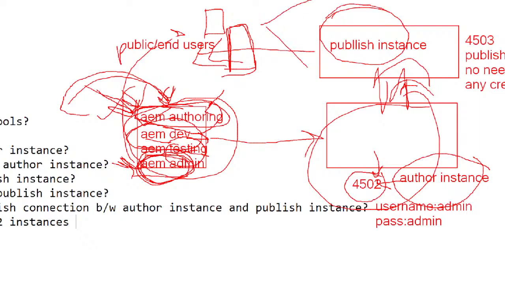For example, this publish instance can handle only 5,000 requests at a time. What happens if the requests go above 5,000? For example, take the 10th class results. At the results time, all the state people are trying to hit the same website, the same server, at once. If you put only one publish instance, it can handle only 5,000 requests at a time. When multiple requests hit the same server, the server will go down, meaning nobody can access the data.